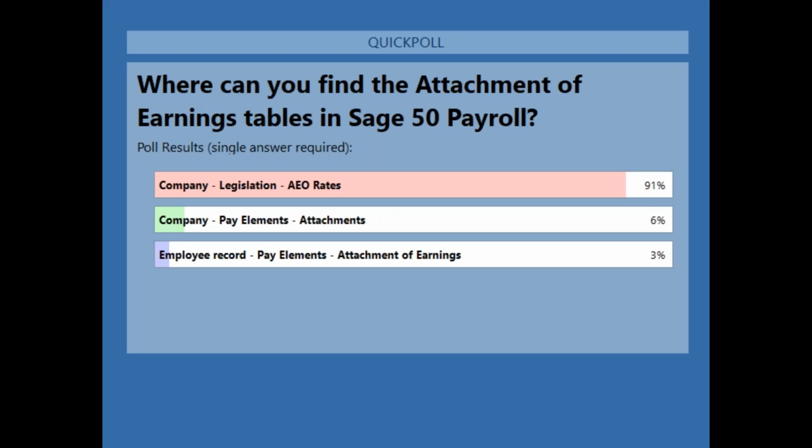You can indeed find the attachment tables within company legislation and AEO rates. Then you open the drop down for the type of attachment you're interested in, and it will display that information. Bonus points if you also knew that you can run a report with that same information on it. So well done to those who got that one right.